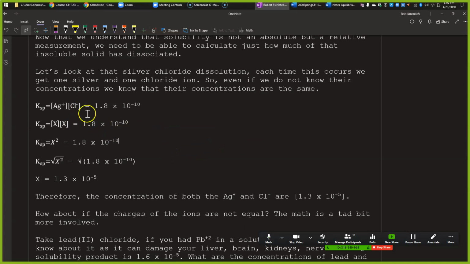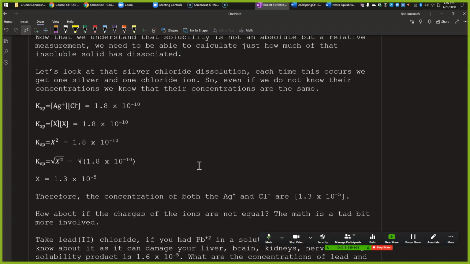Okay, so if we're going to use the same process for calculating concentrations of ions for Ksp as we used with determining the pH of water by calculating the H plus or the OH minus concentration. I know that when silver chloride separates, I get one silver ion and one chloride ion.